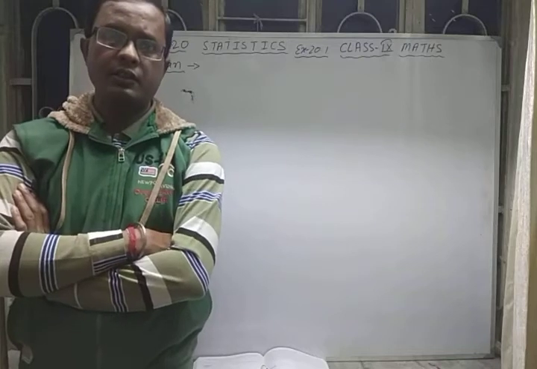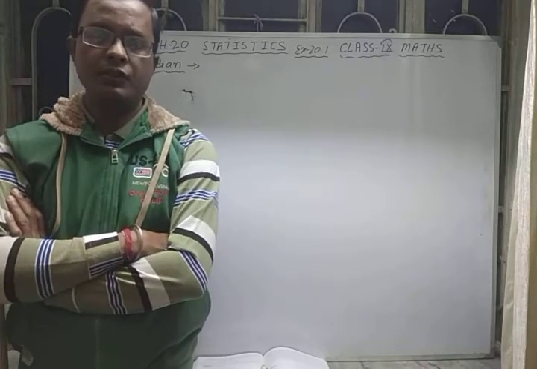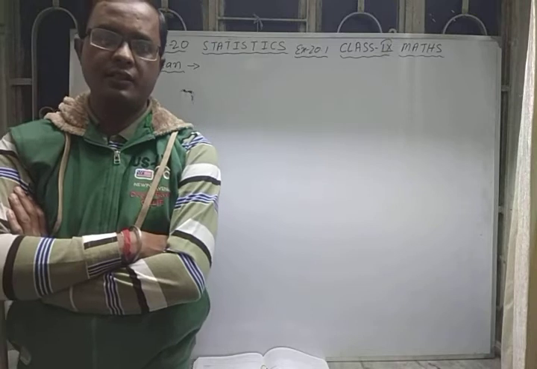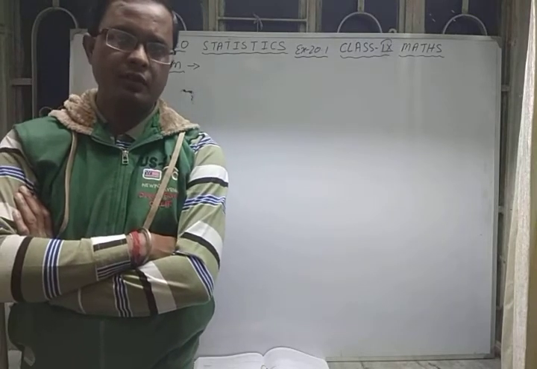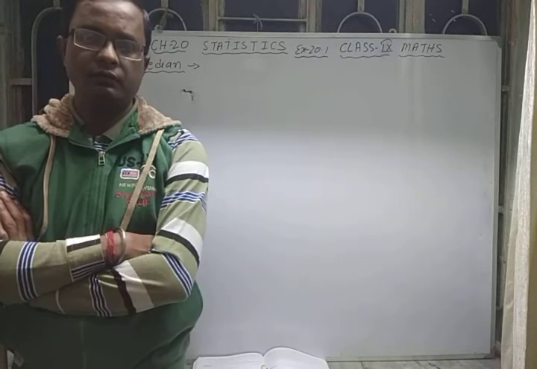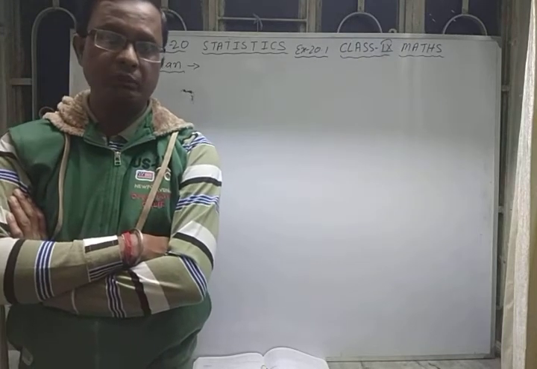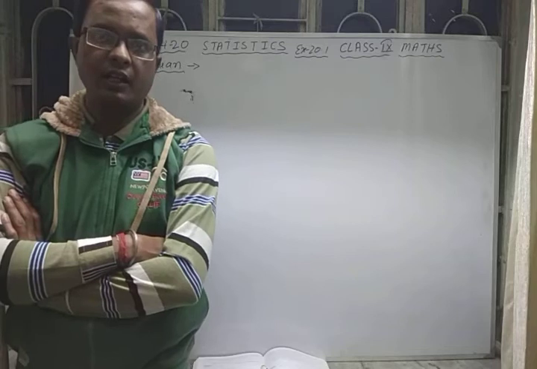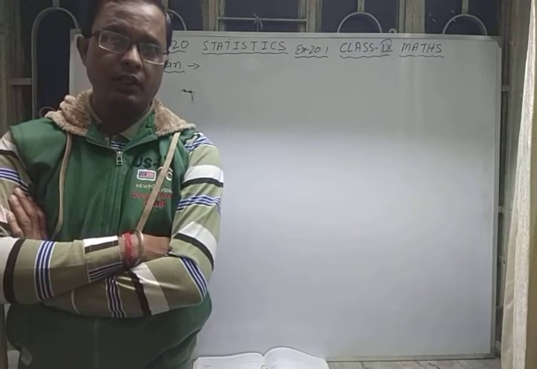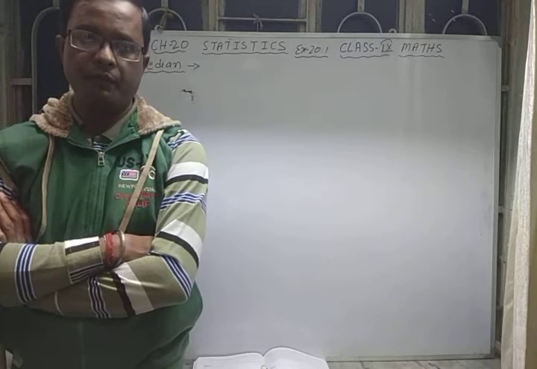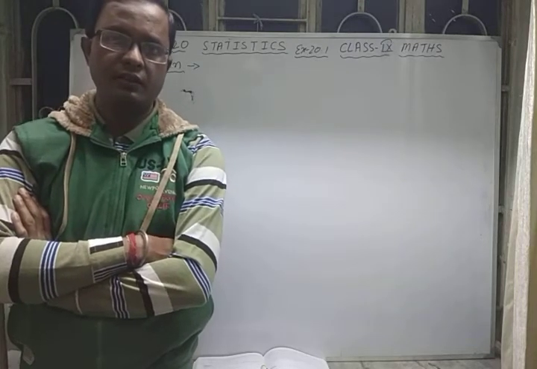In the last video session class, I started your new chapter number 20, statistics. While continuing this chapter, today I will do the median. In the last class, I explained the mean, means average.